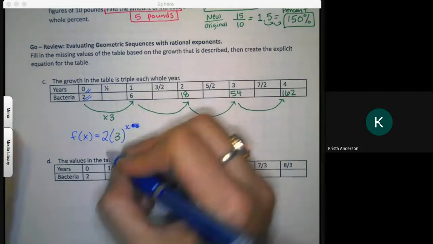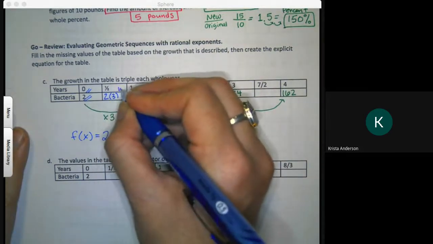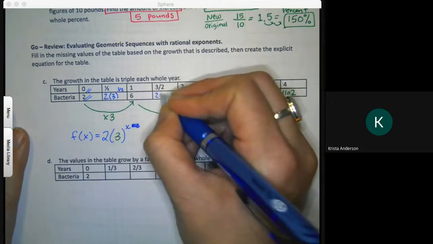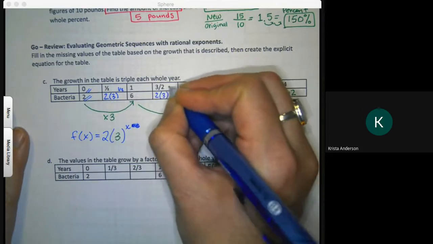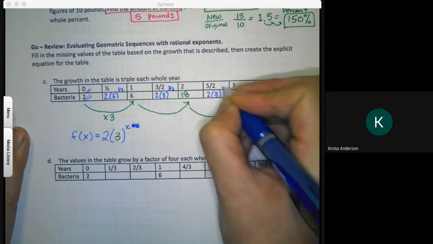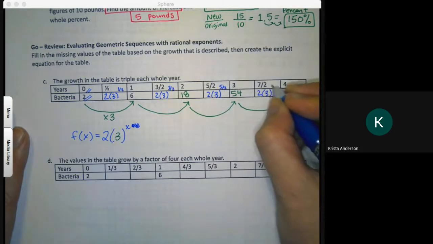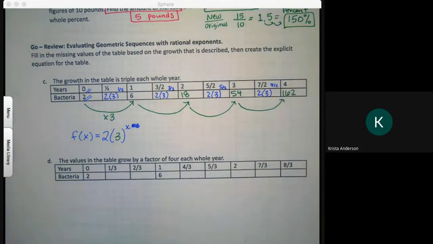So now when I plug it in, I would have 2 times 3 to the power of 1/2. 2 times 3 to the power of 3/2. 2 times 3 to the power of 5/2. 2 times 3 to the power of 7/2. Rather than entering in those huge long decimals.